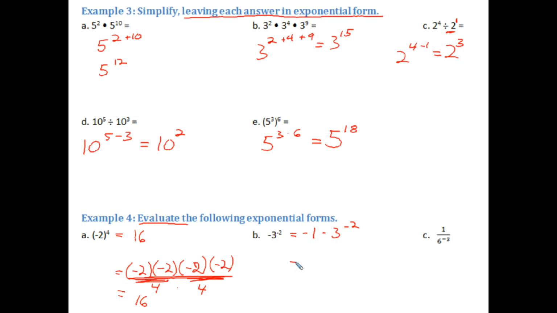And so here, let's simplify this. We learned that when we have a negative exponent, we can put 1 over 3 to the positive 2 power. And again, we are evaluating, so we're going to find this value. This is negative 1 times 1 over 9. Well, a negative times a positive is negative, so this is negative 1/9.